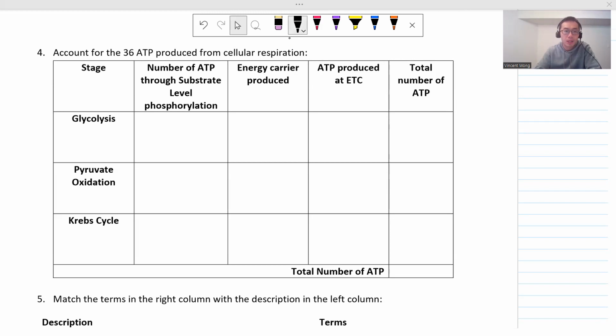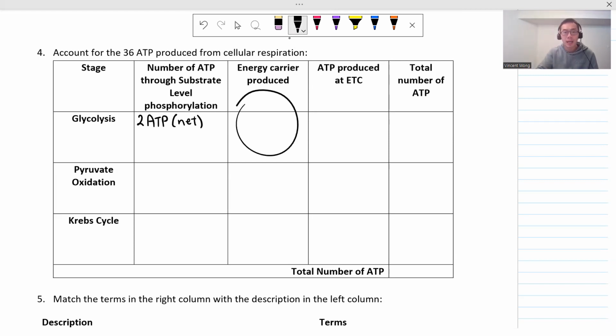All right. So in glycolysis, which is the first stage, how many ATPs are produced through substrate level phosphorylation? 2 ATP. Right? You invest the 2 ATPs, and then you produce 4 ATP. So you produce a net of 2 ATPs in glycolysis.